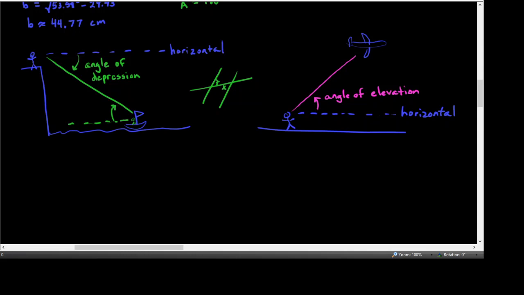And what that means is that in this picture, the angle of elevation from the person in the boat looking up at the person up on top of the cliff, that angle of elevation is congruent to the angle of depression.